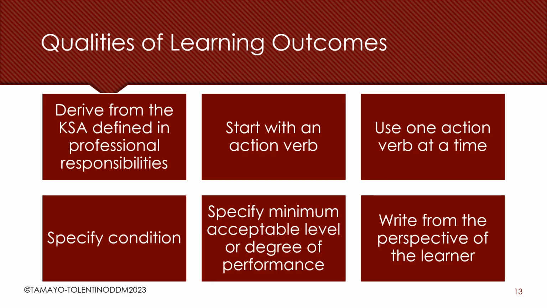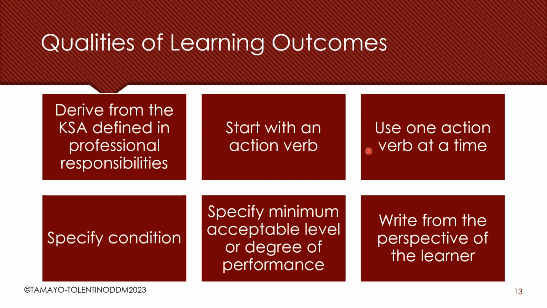Other qualities of learning outcomes include it should be derived from the KSA or knowledge, skills, attitudes defined in professional responsibilities so that it is aligned with the bigger outcomes. It should start with an action verb so that it is observable.